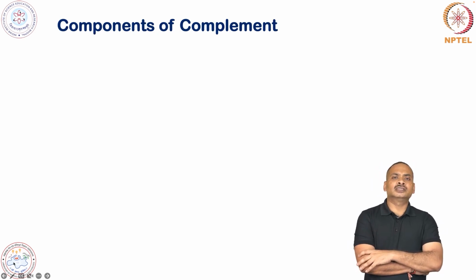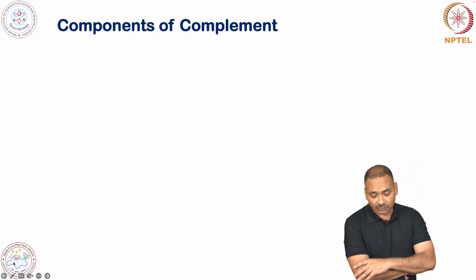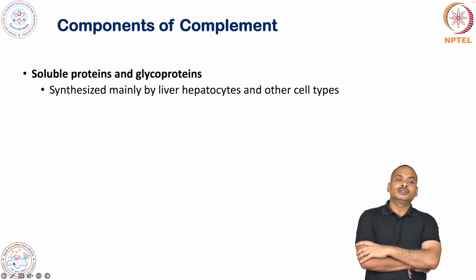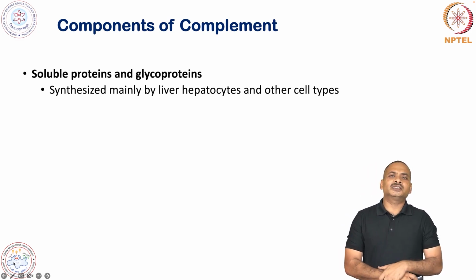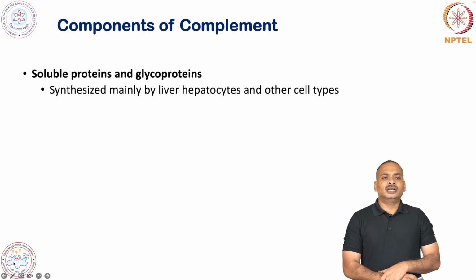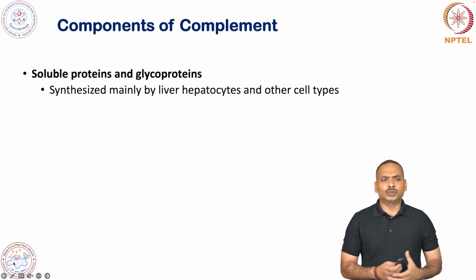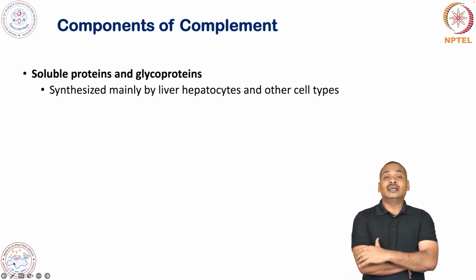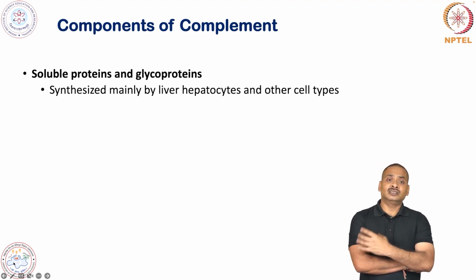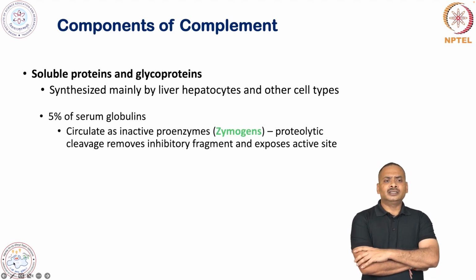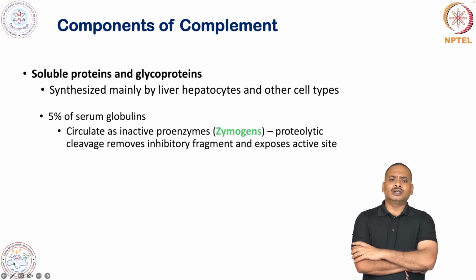Now let us look at the components of complement. Complements are basically a group of proteins which are present in zymogen form, in inactive form. These are basically proteins or glycoproteins synthesized mainly in the liver and other cell types, and 5% of serum globulin is the complement.